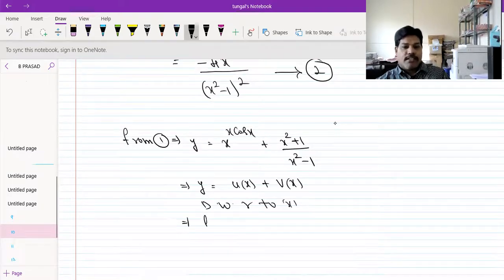What you will get is dy by dx is equal to du by dx plus dv by dx.